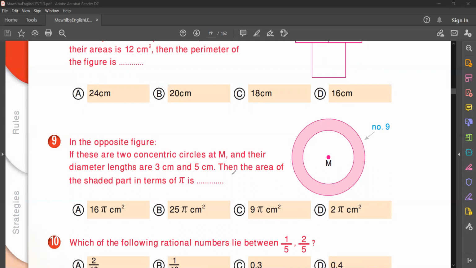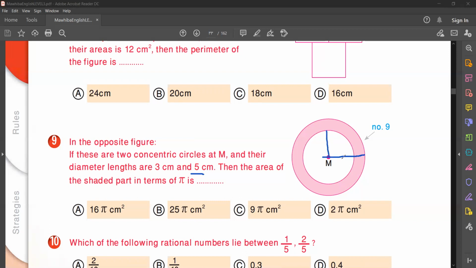Here, we have two circles. The big one has diameter 5, and the small one has diameter 3.